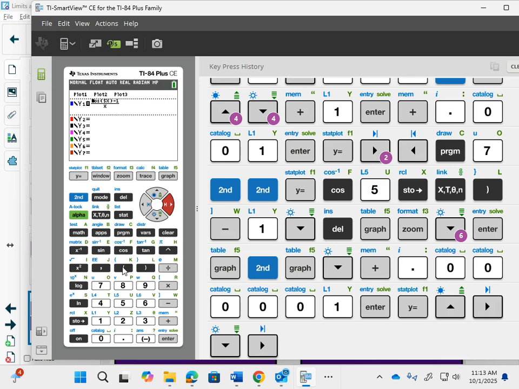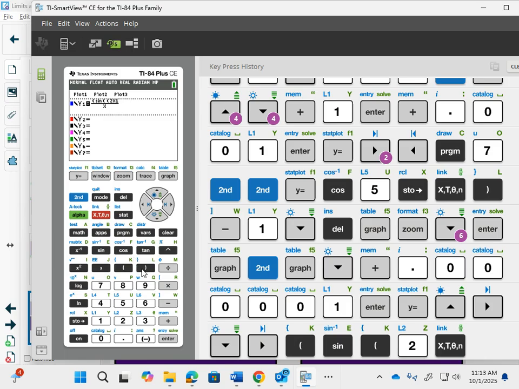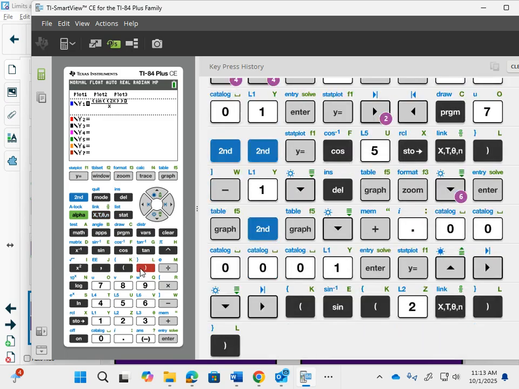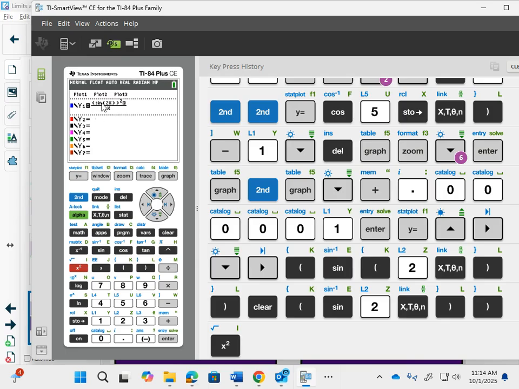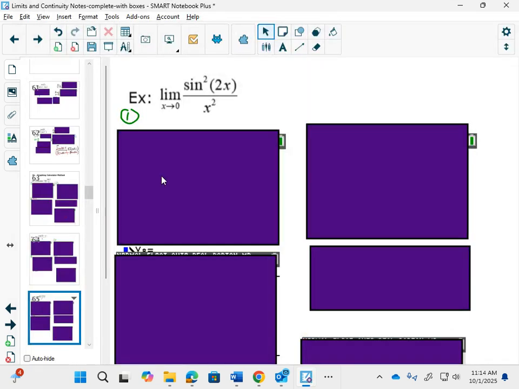If you want to do sine squared on your calculator, you're going to have to go brackets first, then write sine, bracket 2x, close bracket, close that whole thing, then make the whole thing squared. We can't put the little squared in between on your graphing calculator in the same way. So that would be sine squared 2x, all divided by x squared.